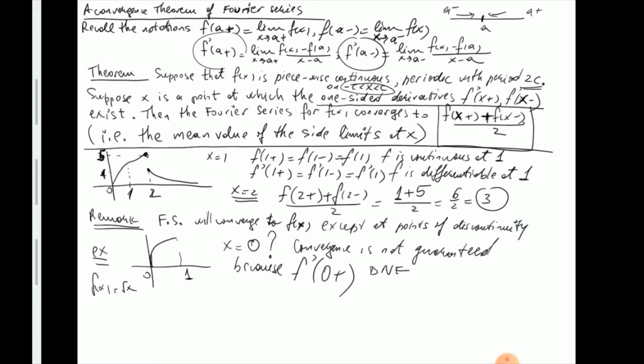I don't have to look at it by definition. Remember, f prime of x is equal to 1 over 2 square root of x. Clearly, this doesn't exist at x equals 0, right? So the derivative doesn't exist at that point. So these are the situations in which you don't have a guaranteed convergence.